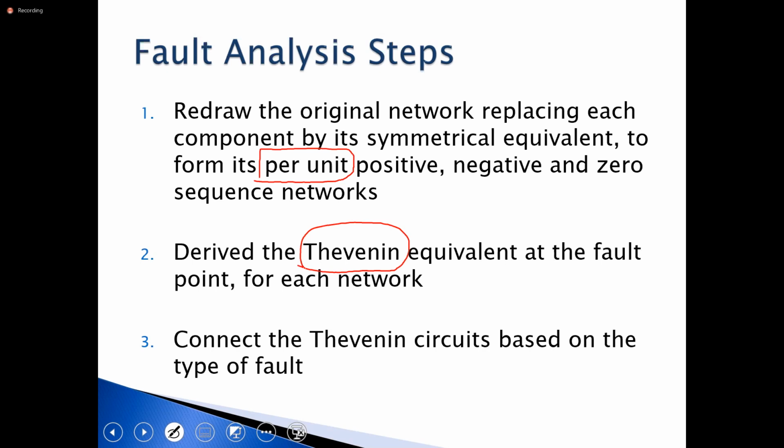Just like when you were looking at Thevenin equivalent, you were removing the load at a particular point and then looking into that pair of terminals for the Thevenin equivalent. That's exactly what you would have been doing here.